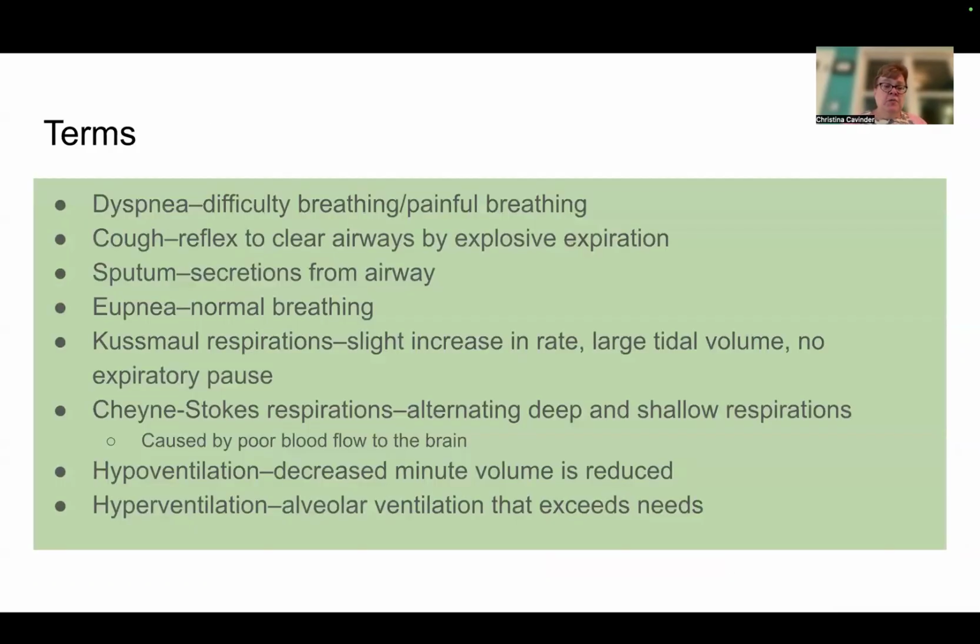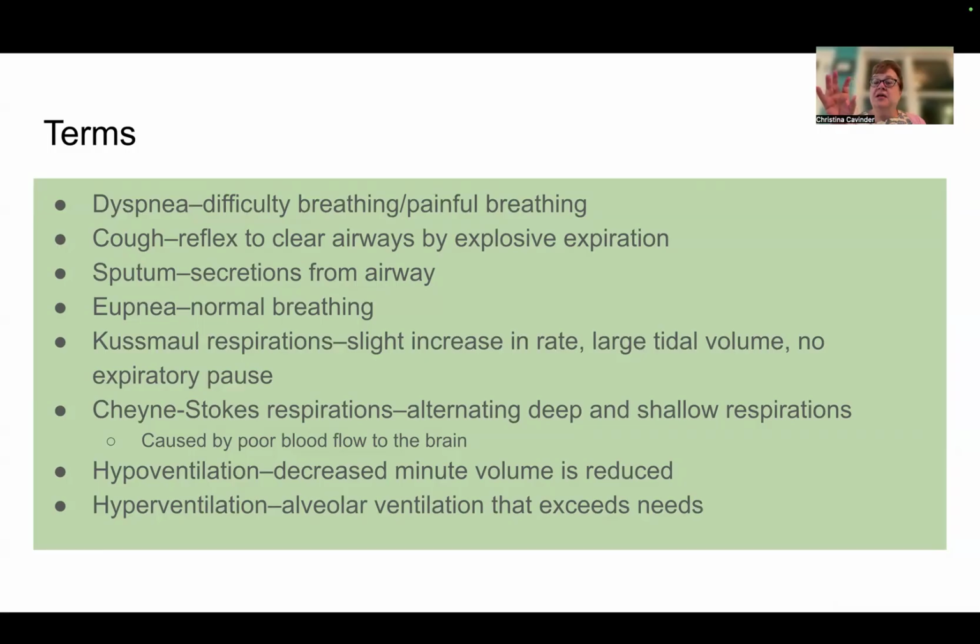So just some terms that we use in respiratory. Dyspnea means they have difficulty breathing or painful breathing. A cough, again, is a reflex to clear the airways. It's an explosive expiration. A sneeze is to clear the upper airway. So you're sneezing and that's forcing air out the nose and mouth at a very accelerated rate.